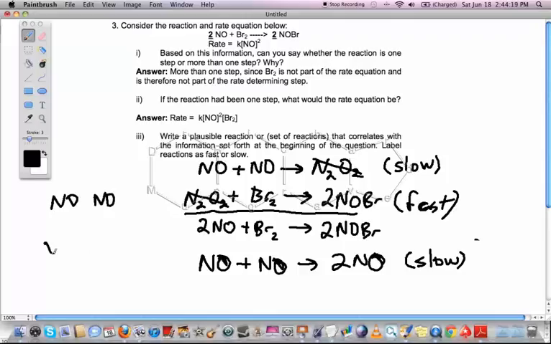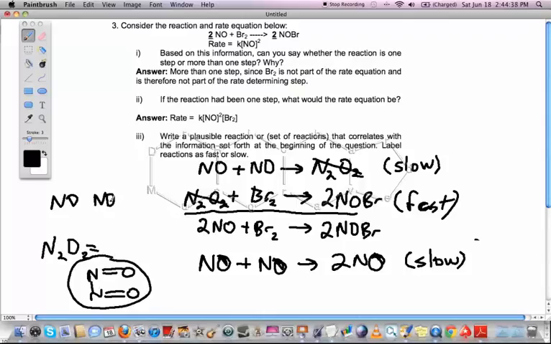Now N2O2, which is what we used the first time, looks like this. It's NO and N double bond O, both connected together. So that's actually a single molecule.